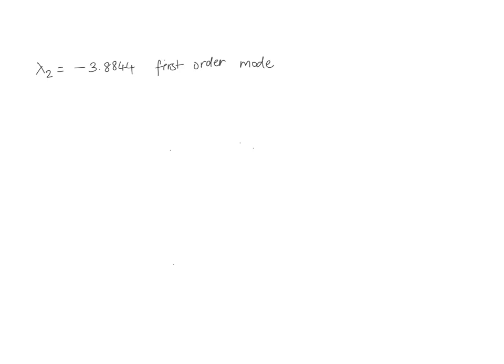We can directly calculate the rise time and the settling time as before. 3.3844, 4 divided by 3.8844. These work out to the following: 1.0298, almost 1.03, and 0.7723.